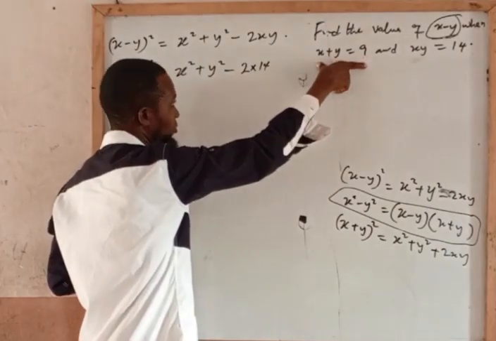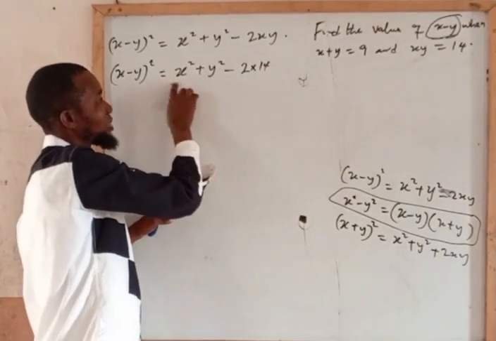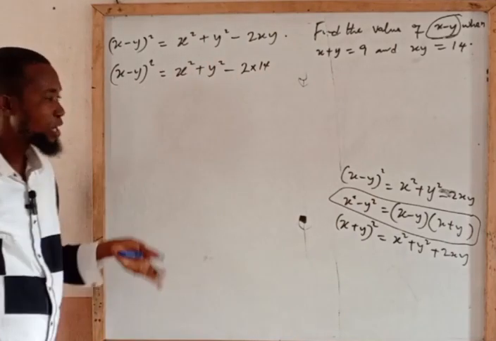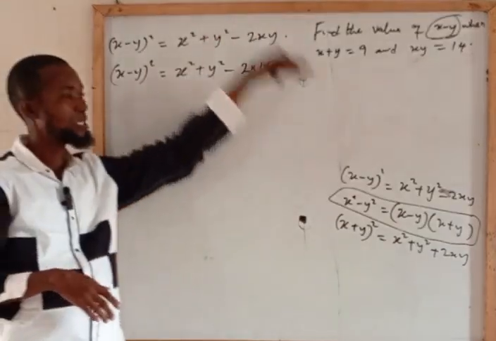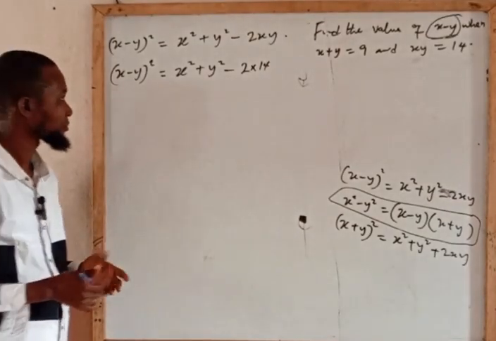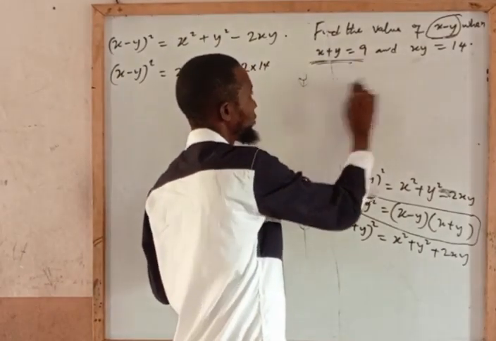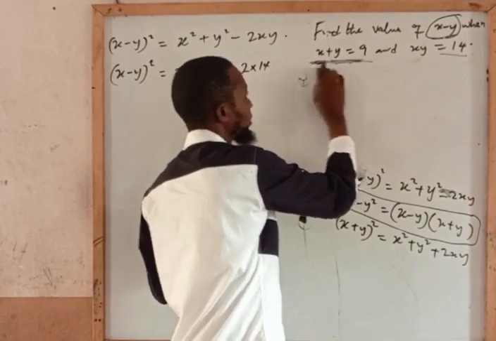So this one is what will enable me to determine this. And once I'm able to determine this, I will just subtract this from this. I will find the square root, and I'll be left with x minus y, which is the requirement of this question. So, I've used this, though I've not used this. How do you think I can use this?